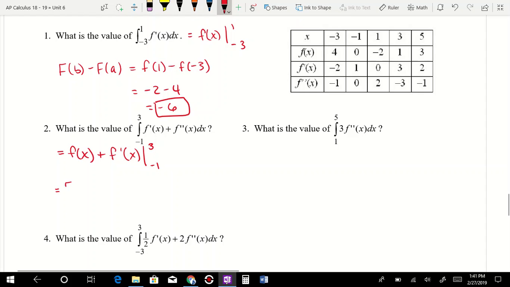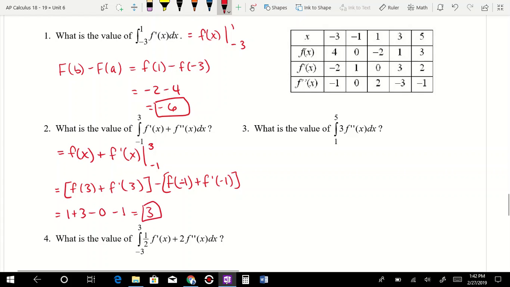So we'll need f of 3 plus f prime of 3 minus f of -1 plus f prime of -1, which is equal to 1 plus 3 minus 0 minus 1, which is equal to 3.